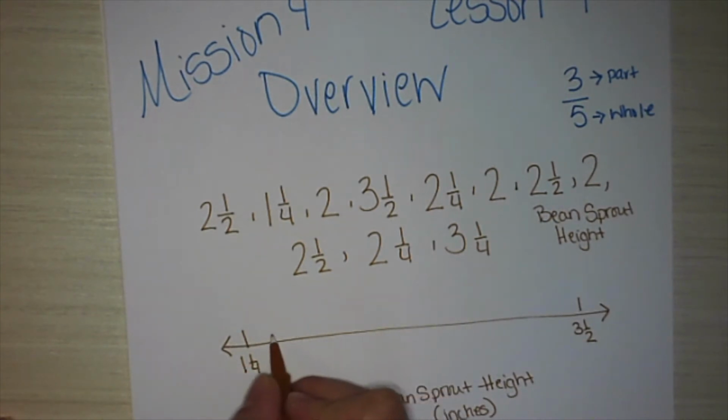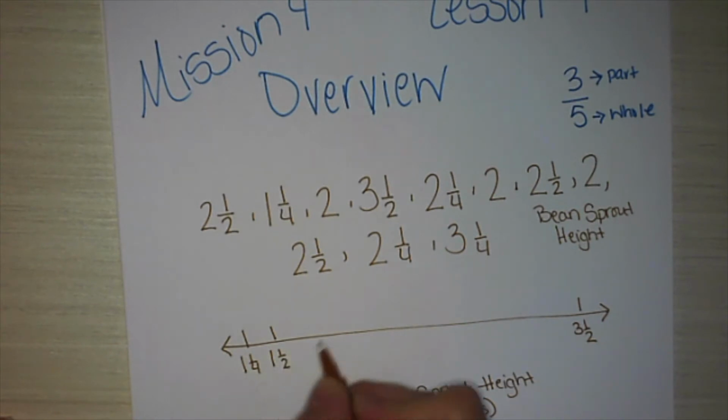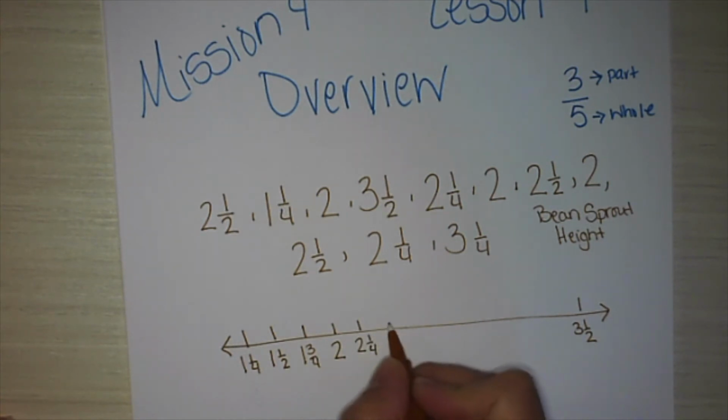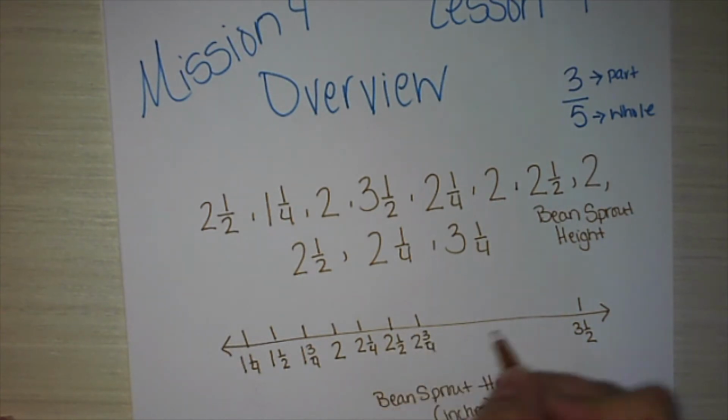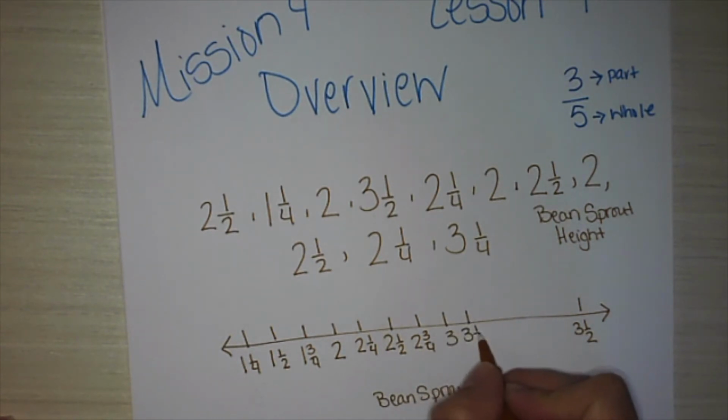So 1 1/4. The next one would be 2/4 or 1/2. Then 1 3/4. Then 2, 2 1/4, 2 1/2, 2 3/4, 3, 3 1/4, and then 3 1/2.